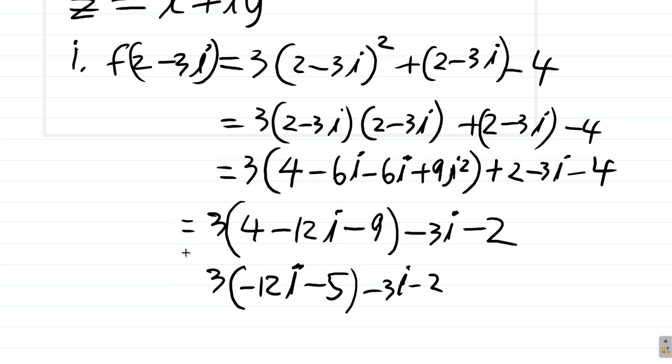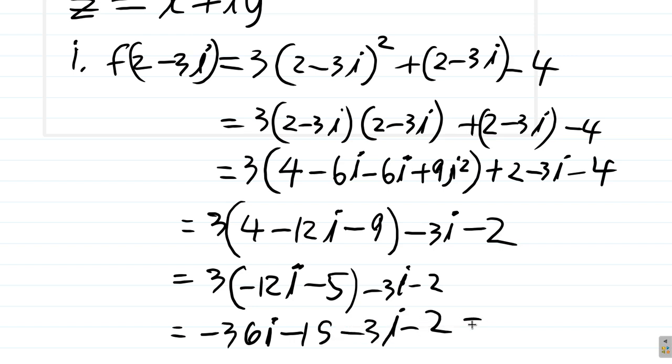So what you get is equal to negative 15 minus 36i minus 3i minus 2. So you get negative 15 minus 2 is negative 17. Negative 36 minus 3 is minus 39i. So there you go for that part.